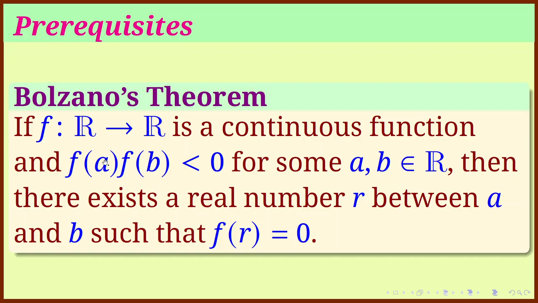So they have the opposite sign. So that means their product is negative. So if f is a continuous function and f(a) and f(b) have opposite sign for some a, b on the real line, then there exists a real number r between a and b such that f(r) is equal to 0. So if f(a) and f(b) have opposite sign, then there is an intermediate point which goes to exactly 0 under f.